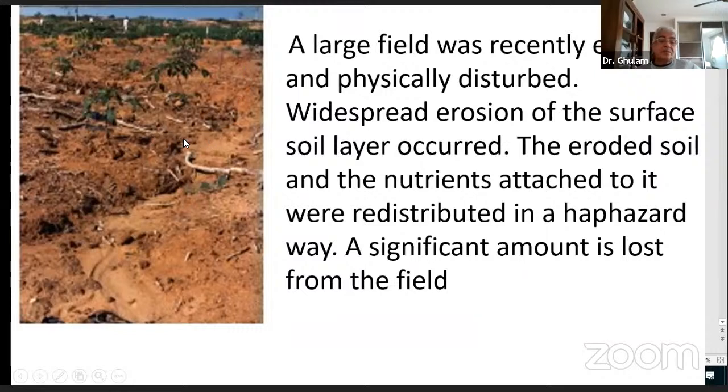But then in these early stages, when the soil is so exposed and so vulnerable to soil erosion, there should have been some erosion control measures. Otherwise, you will get this. The topsoil is lost, carried away, and redistributed within the farm. So this will make it easier for the system, the farm, the plantation or whatever, to lose the nutrients.